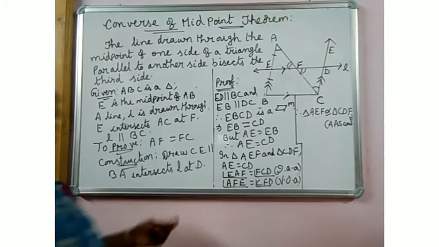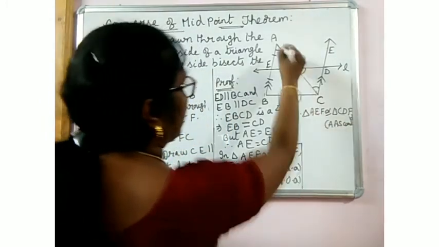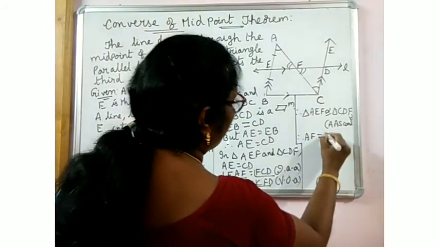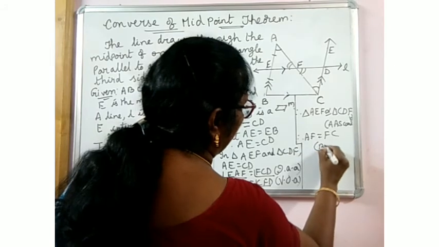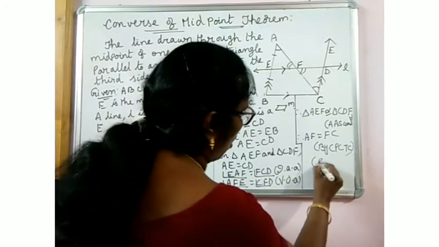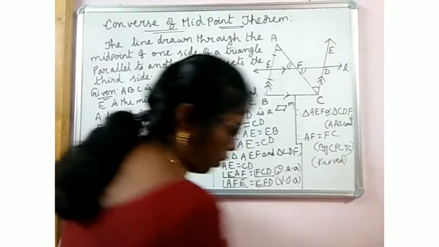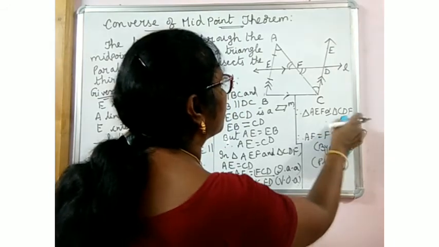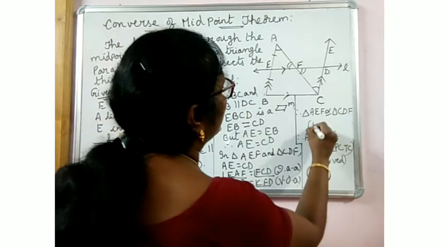Once they are congruent, by CPCTC, AF equals FC. Therefore, AF is equal to FC, that is by CPCTC. So that is what we have to prove. That is proved. This is the AAS condition, we can write. Let me write clearly.